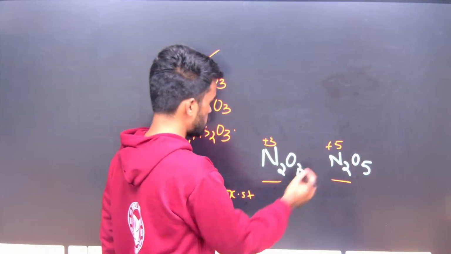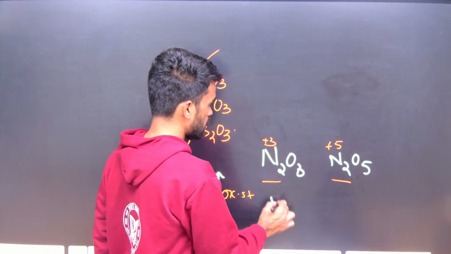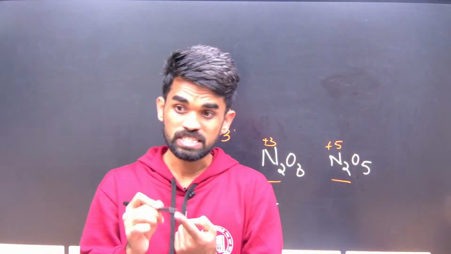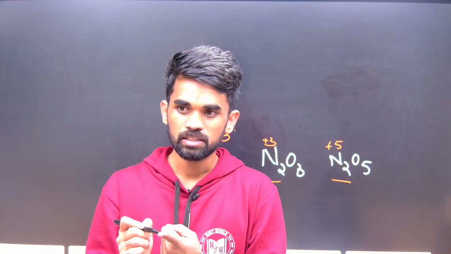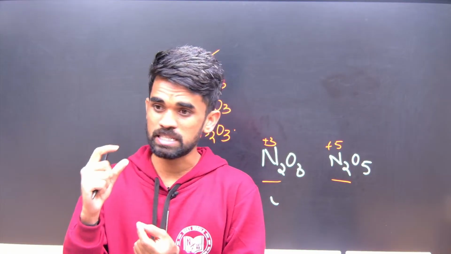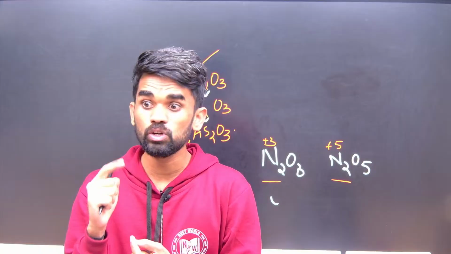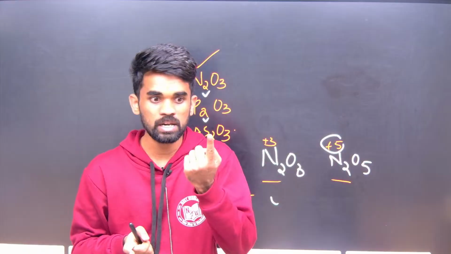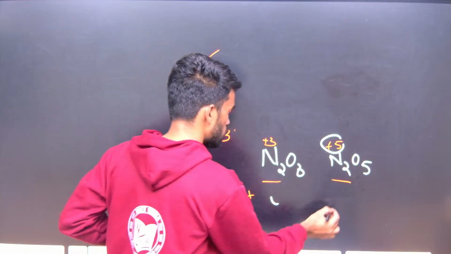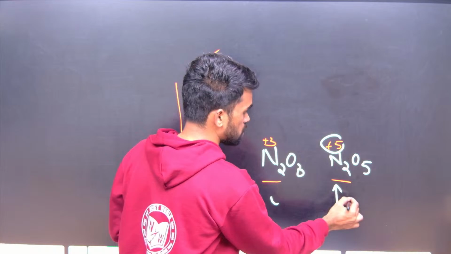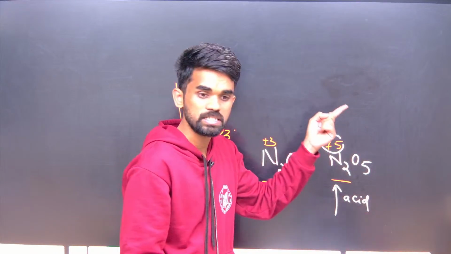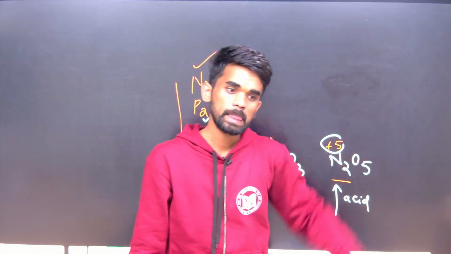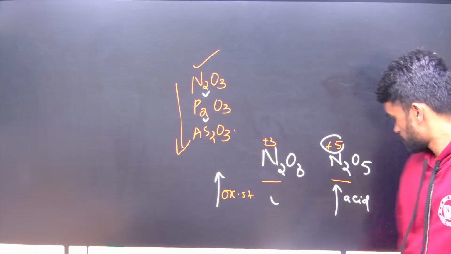What are the factors I told you? Size: small size, more electronegativity. After that, nuclear charge: more positive charge means more nuclear charge. So as the oxidation state increases, acidity also increases. Why? Because nuclear charge increases, it becomes a more electronegative compound, so acidic nature also increases. Clear?